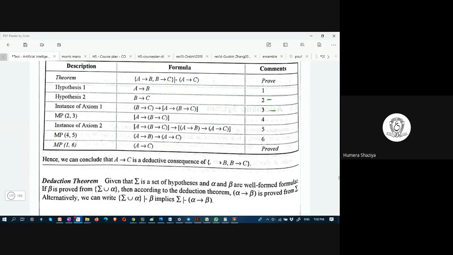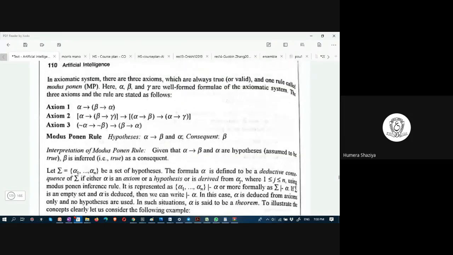Further, axiom 2. What is axiom 2? Here it is stated that alpha implies beta implies gamma, alpha implies the whole of beta implies gamma. Further, the whole expression implies alpha implies beta, which in turn implies the whole of alpha implies gamma.